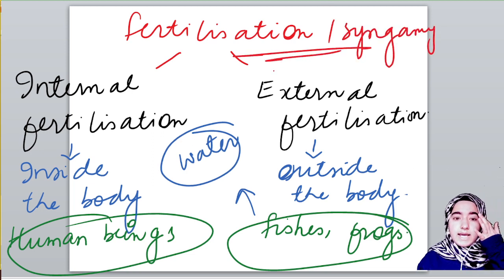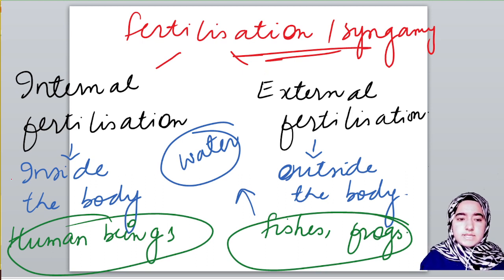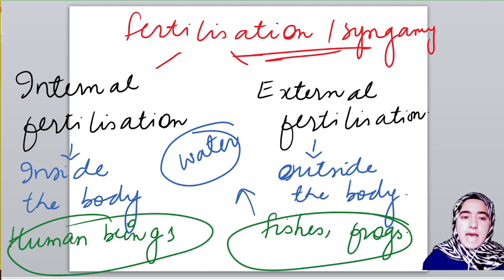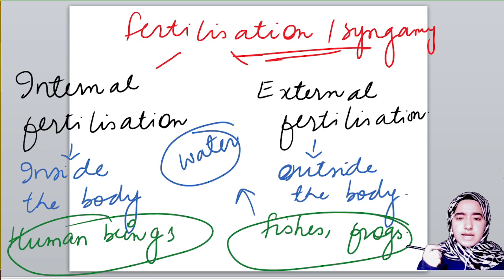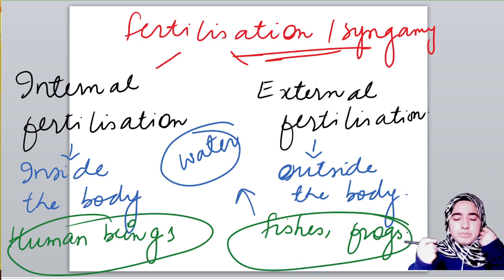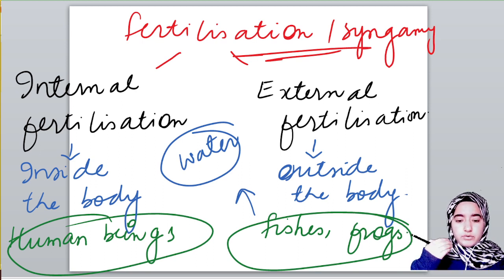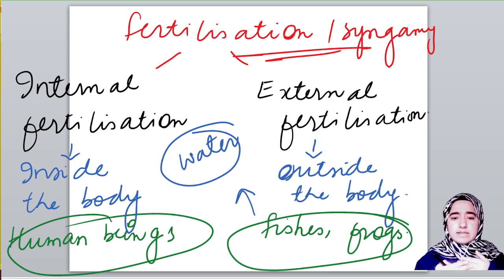So fertilization is mainly of two types: internal fertilization and external fertilization. Internal means inside the body, external means outside the body. I gave you examples. External fertilization mainly takes place outside the body, usually in water.